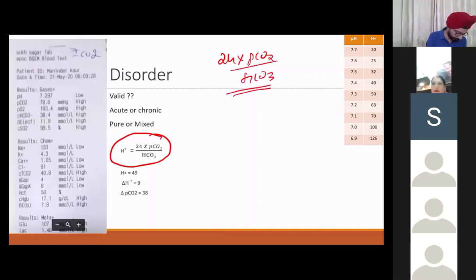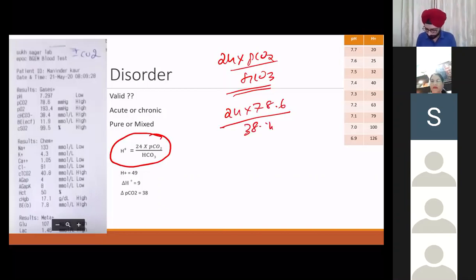Let's calculate. 24 into 78.6 divided by bicarbonate, which is 38.4. Okay, so that H plus comes out to be 49.